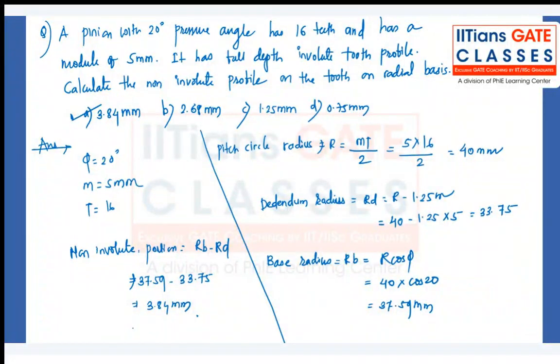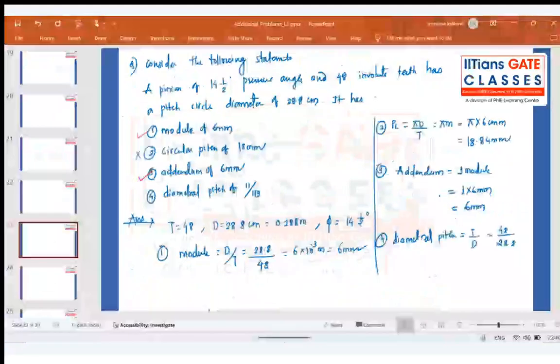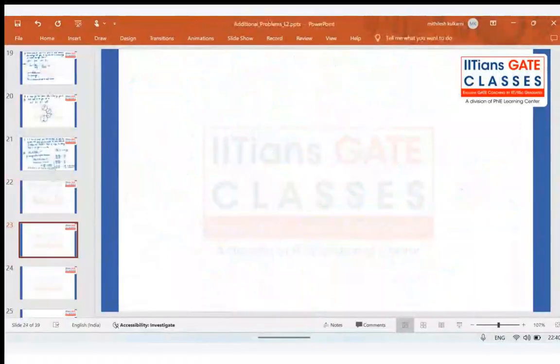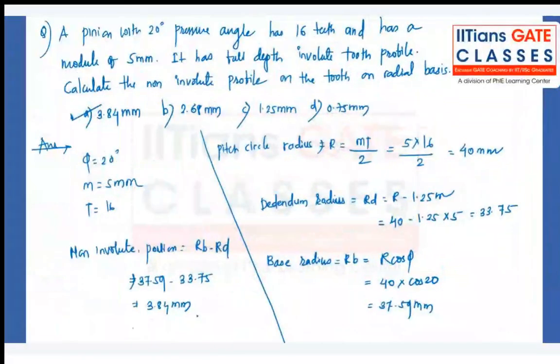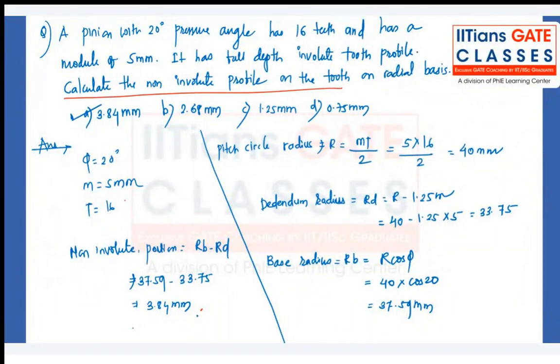We have solved a similar question before, but with different wording. So remember, this is a very important part. Calculate non-involute portion on the teeth. If this comes, do not panic. It's just a different way of saying the difference between the RB and the RD.